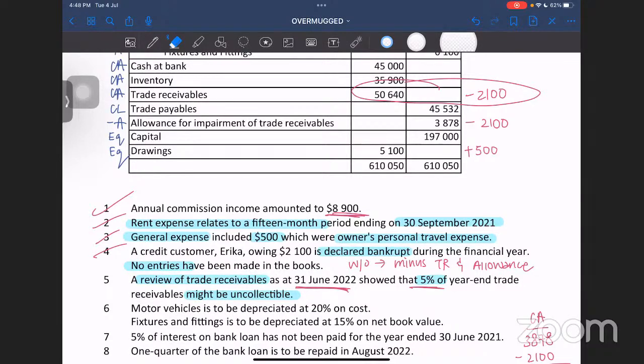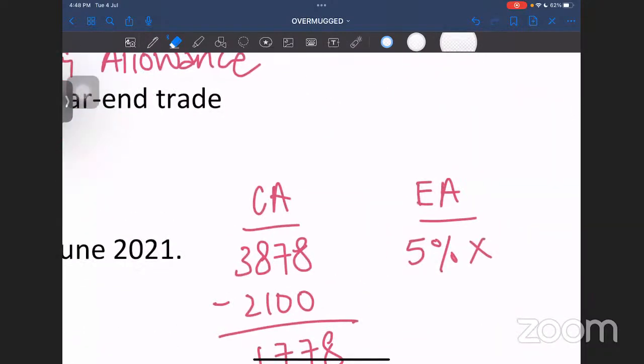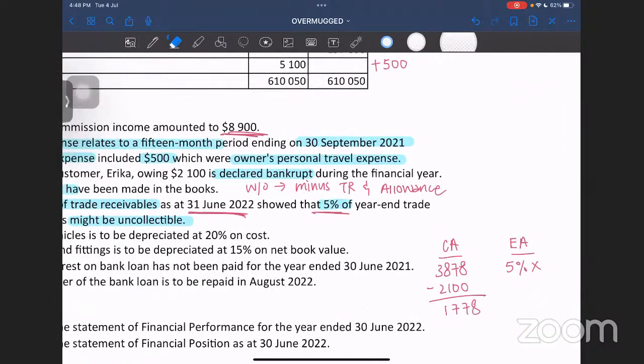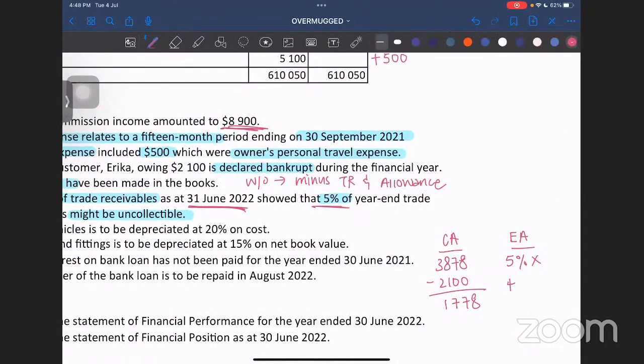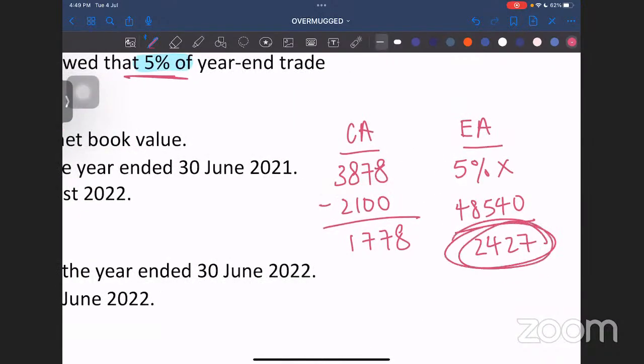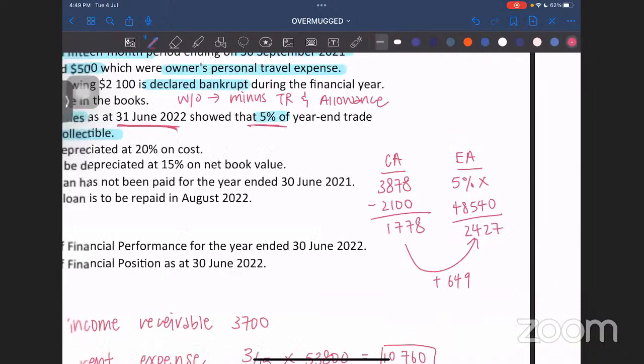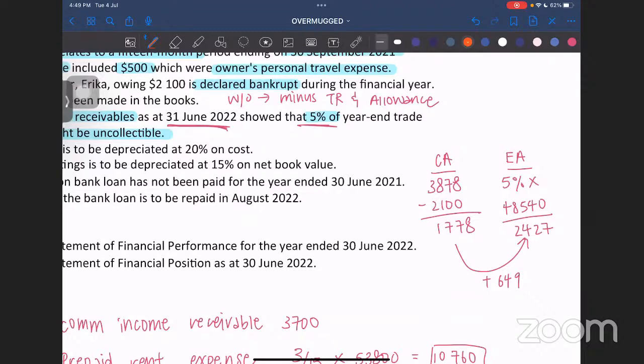After you deduct that, you should have 48,540, which is times 5%. You should have 2,427. So this will be my ending allowance. So let's draw the arrow. How do I go from this to this? I have to add 649. So quick recap one more time.